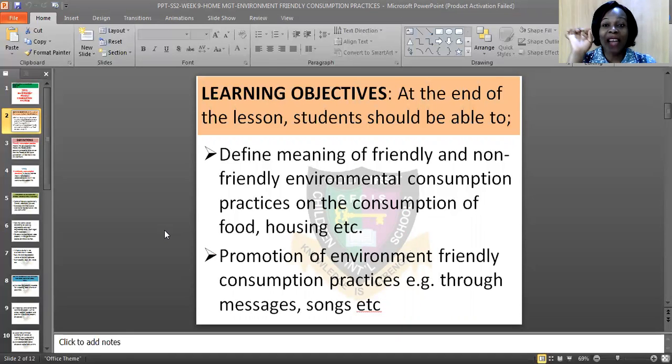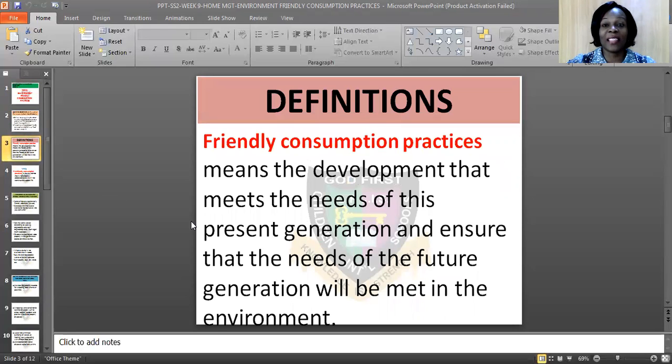And I really want you to mention the promotion of environment-friendly consumption practices through messages, songs, and so on and so forth. Are you getting it? Yes, these are the things I want you to know at the end of this lesson. Is that taken? Okay, let us look at the definitions of this particular topic.